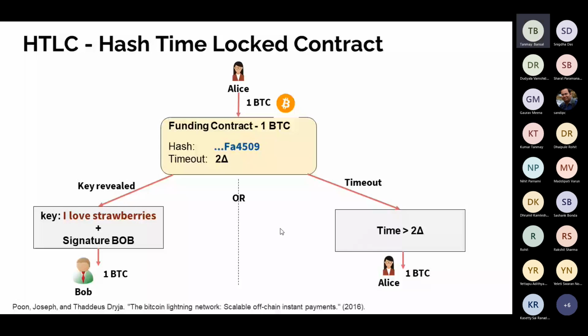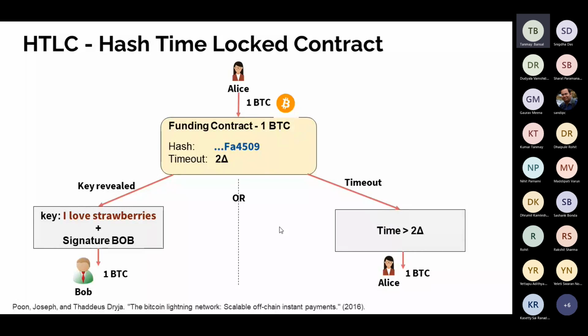Like in this example, Alice created the contract for 1 Bitcoin using the hash of this key, say, "I love strawberries." And when can Bob claim this amount? Bob can claim only when the key is revealed.